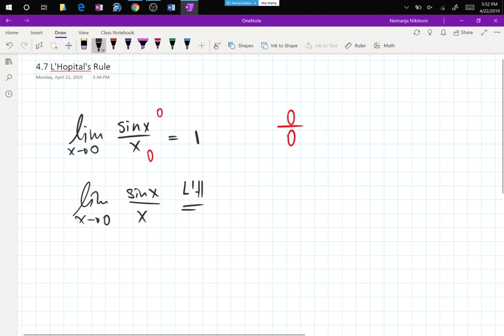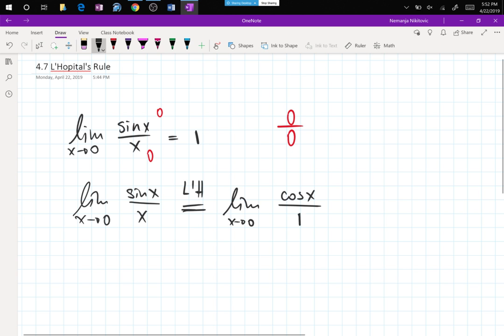Now, this is the way you denote that you are using L'Hopital's rule. You put L'H on the equal sign, because the two functions will not be equal. They just have equal results, but the functions are not the same at all. You will be taking separate derivatives of the numerator. Derivative of sine is cosine x, and the derivative in the denominator is 1.